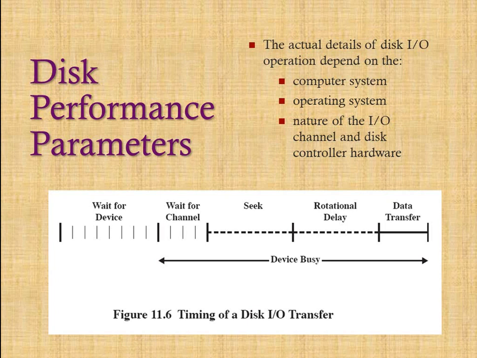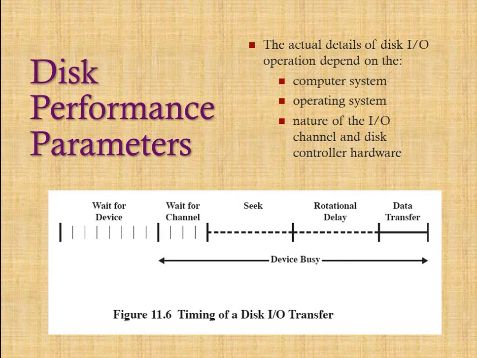So a general timing diagram of such disk input-output transfer is as shown in the figure. As you see in the figure, you have a seek time, rotational delay, and the data transfer time. So let us understand each one of them.